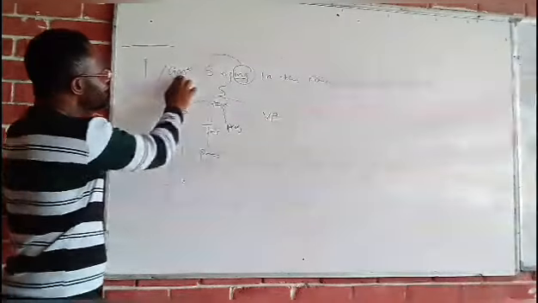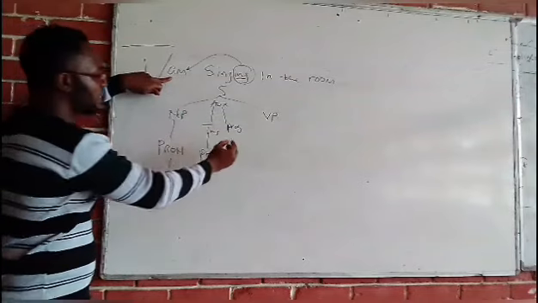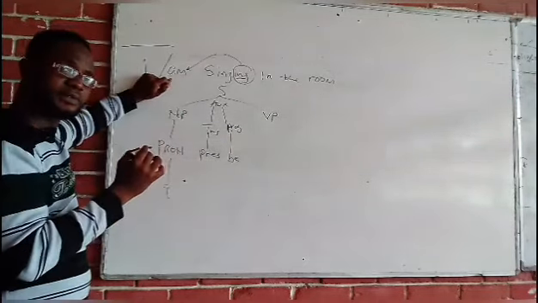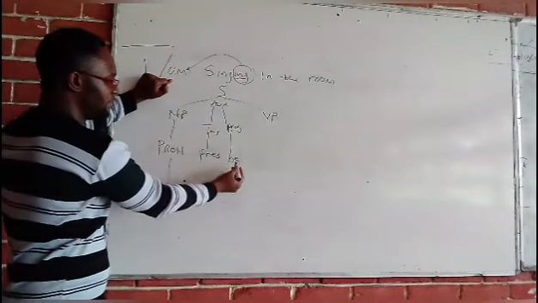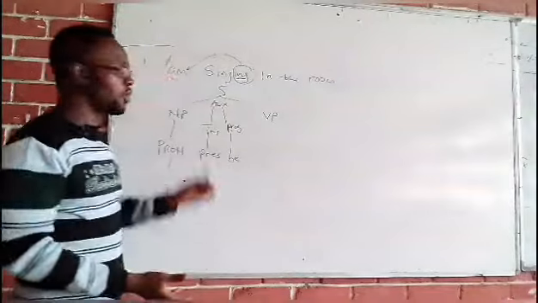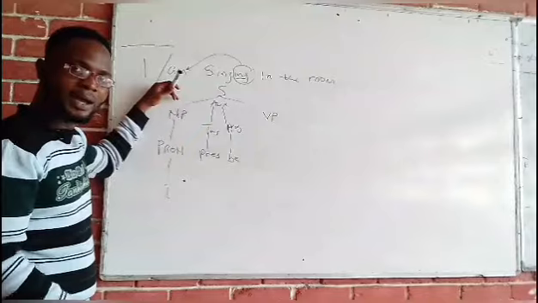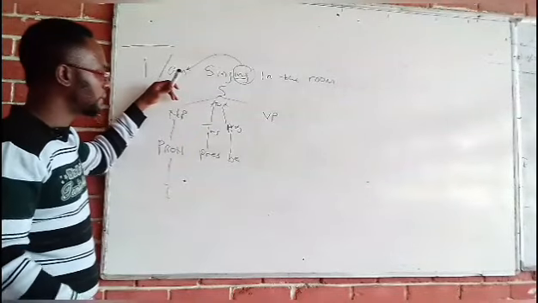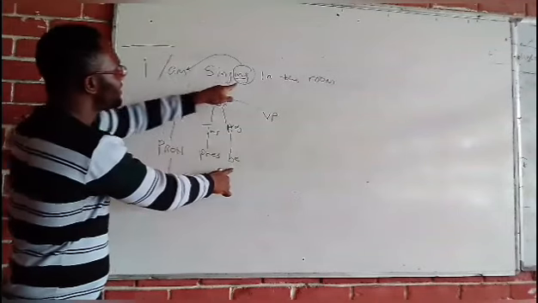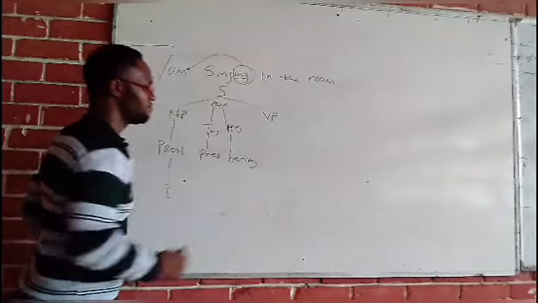That means this am here is seen as what? As a be verb. What do we indicate it here? Be verb. Do you understand what I'm saying? The am, like I said, is be. The be verb is the umbrella term for all the be verbs. So am is among the be verbs. The be verbs have the words is, are, am, were, being, etc. Good. Because am is taken as the be verb now, this element of ing will be brought here. It becomes this.